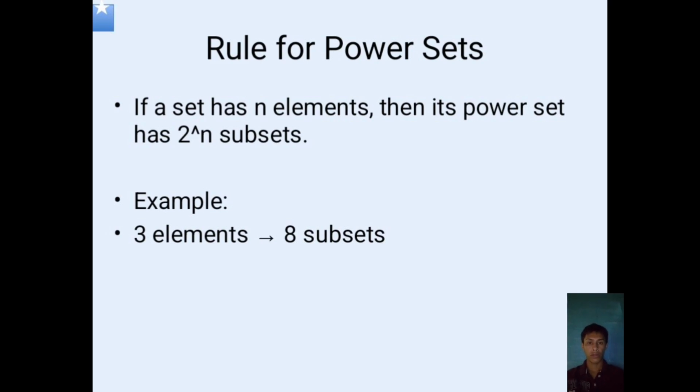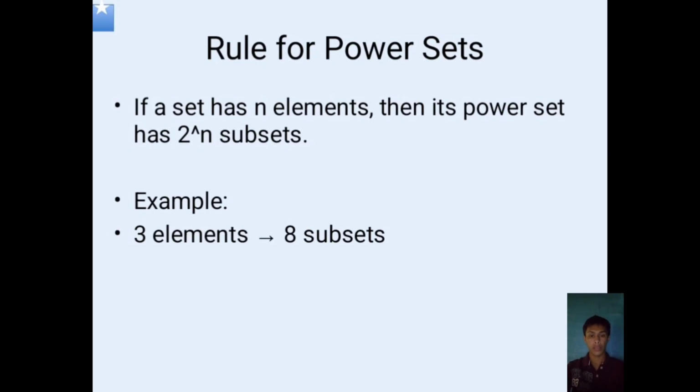So in this example, a set has 3 elements. So how many subsets does it have? By the given rule for power sets, we have 2 as the base, and we just substitute n with the number of elements. Since we have 3 elements, then 2 to the power of 3.